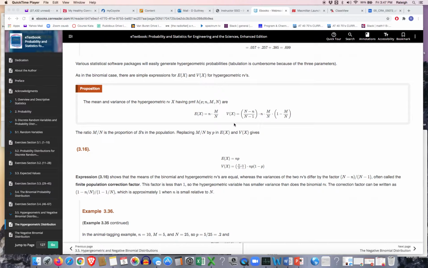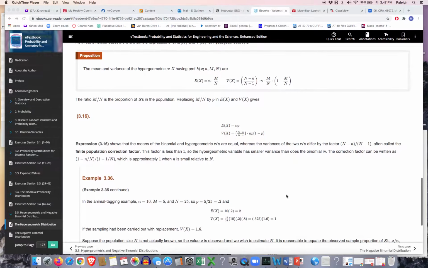So we put P as M over N, and so the expected value of X is just nP. That is the mean as before. And the variance of X, which is the standard deviation before the square root, is what I call nPQ. And right now they have a finite population correction factor. Some books don't use it in certain conditions, but this book will always seize the opportunity to do that.